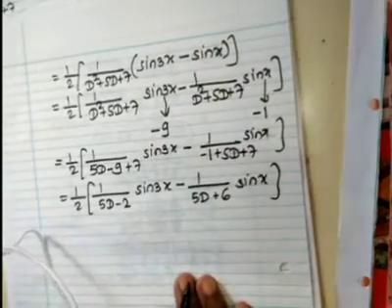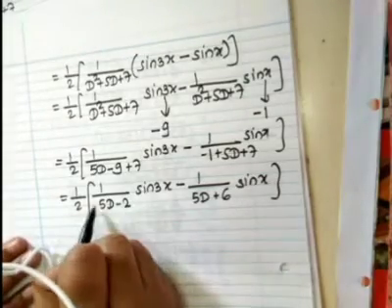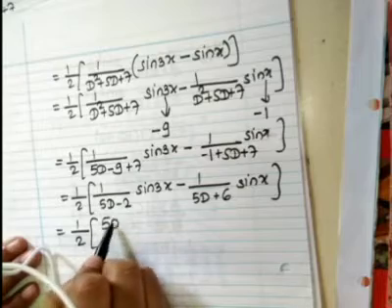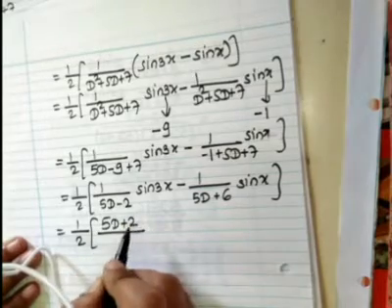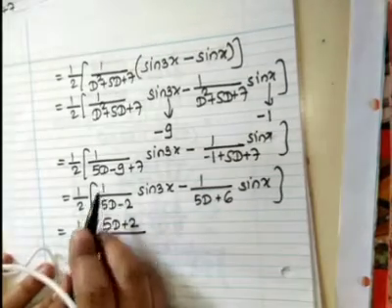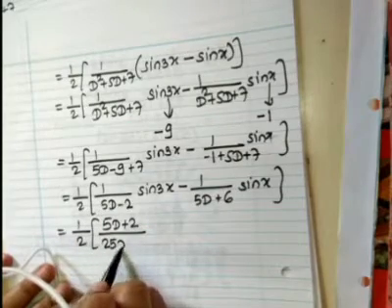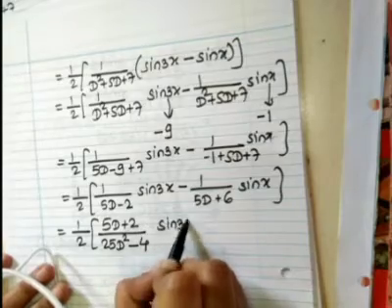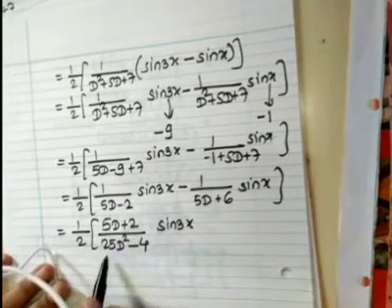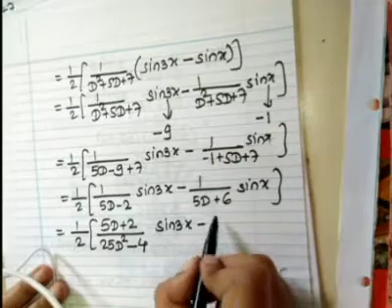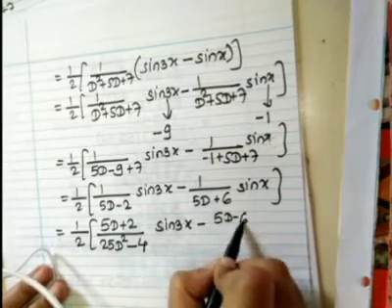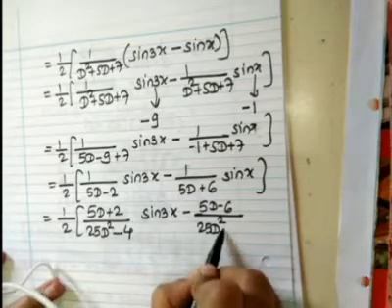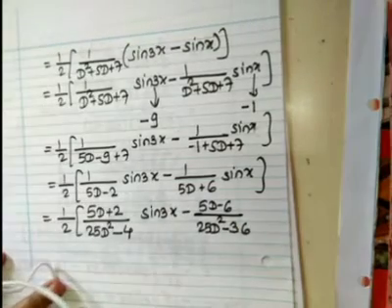But as it is sin again, we need to rationalize. After rationalizing with 5d plus 2, we get 5d plus 2 upon 25d square minus 4, a square minus b square, sin 3x. For the second, rationalizing by 5d minus 6, we get 25d square minus 36 sin x.